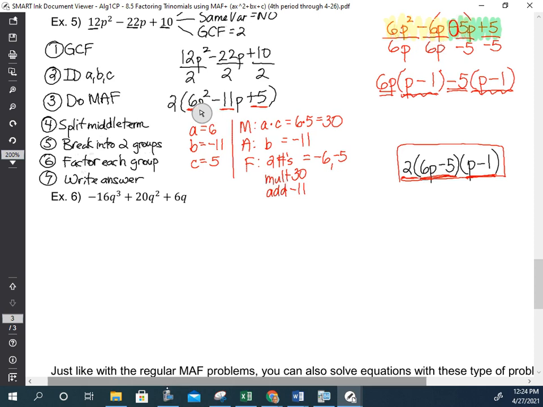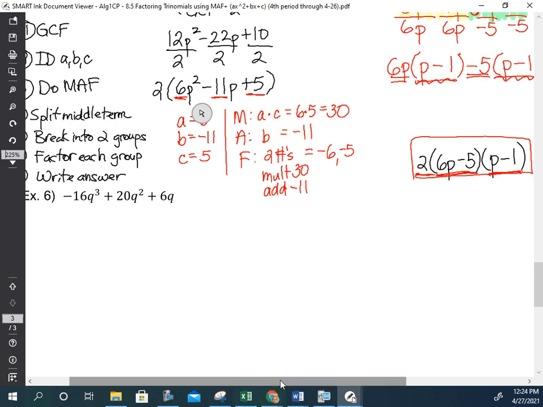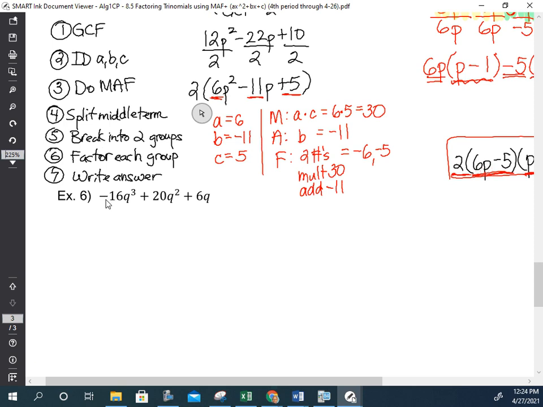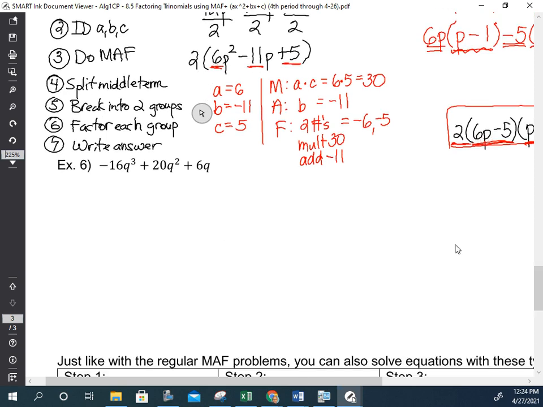So, example 6. First glance at that problem, what does it start with? A negative. Since it's starting with a negative, you're going to have to take that out.